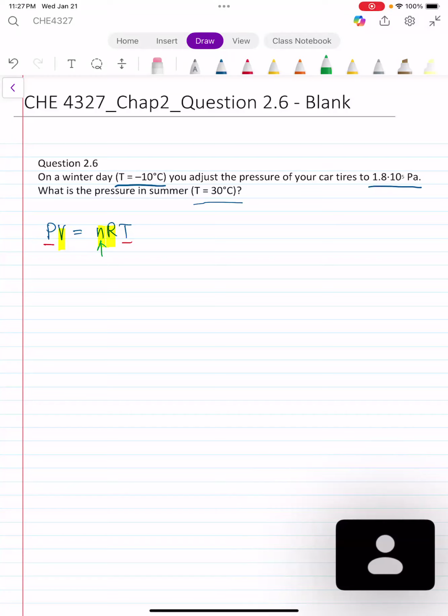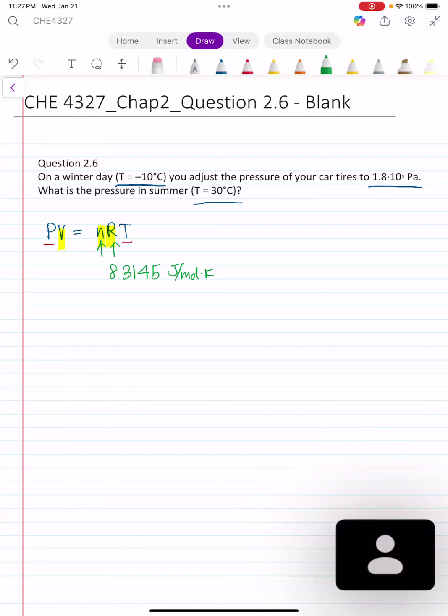That should be doable, so we can assume that. Lastly, we also need to think about R. R is the ideal gas constant whose value is 8.3145 joule per mole per K. So it's by definition a constant value.